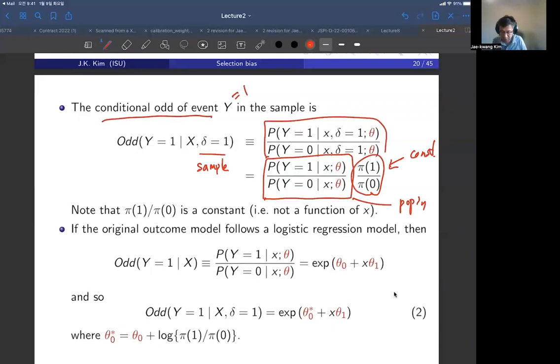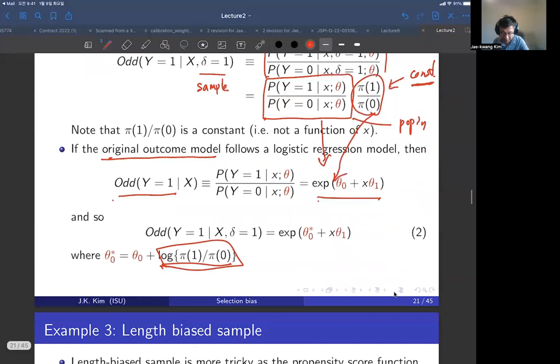So that means, if your original outcome model is a logistic regression, then this is just the ratio. If you put this constant term into the exponential function, then you need to take the log, right? So that's why you get this form.